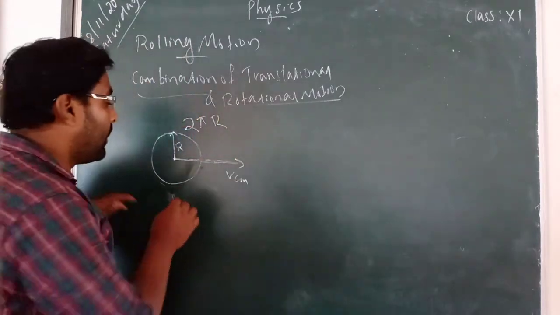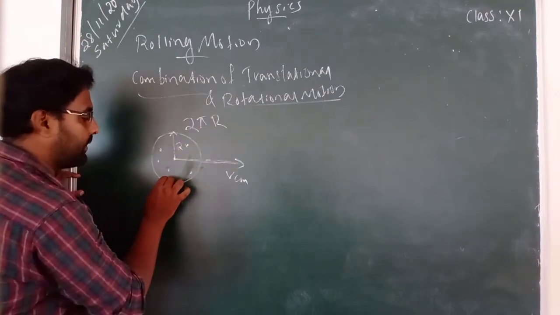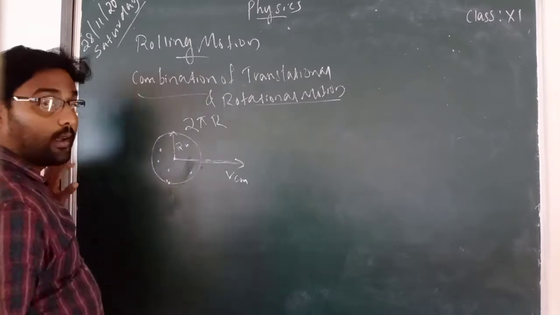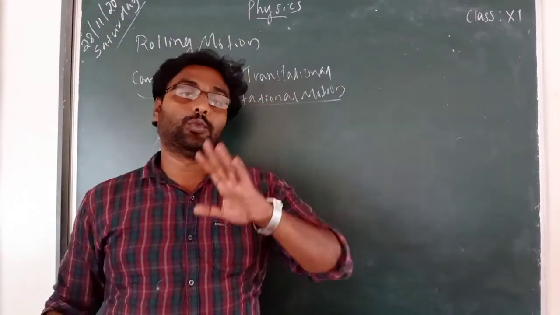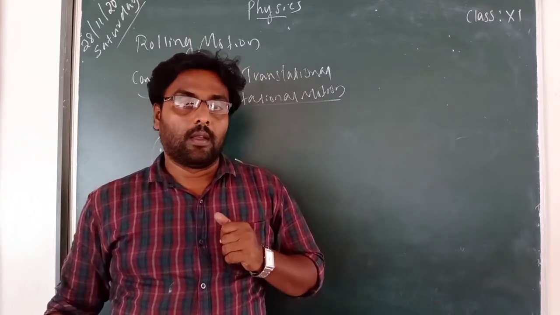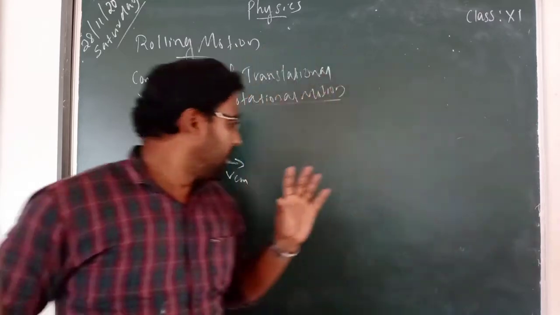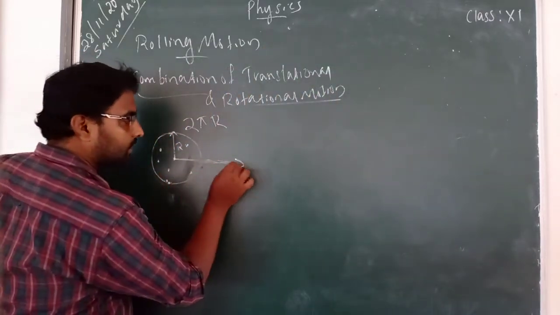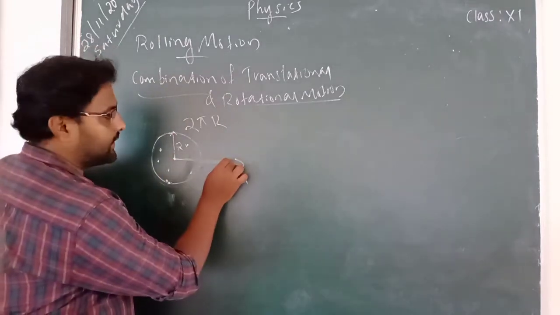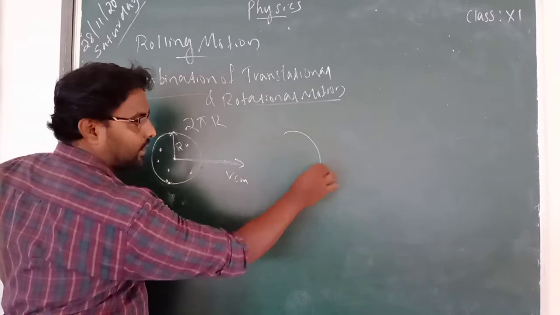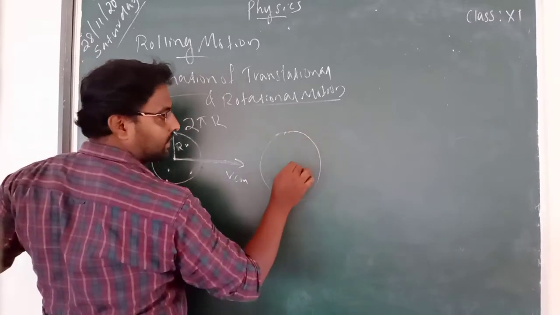Like that, any point you choose here, all these points are displaced 2 pi r. Now, let us see. You see, this center of mass moves only in a straight line path. Now it is in this position. Assume that now the radius is changed to some other position.